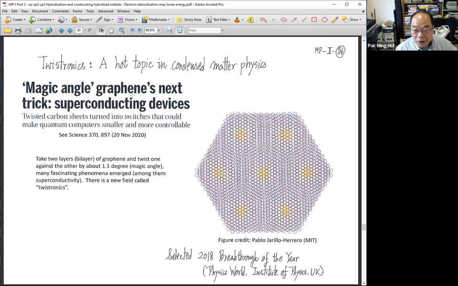It is called bilayer graphene, or there is a magic angle. The magic angle is about 1.1 degree. You look at it on the top, if you rotate one layer with respect to the next by 1 degree or so, this is the top view of the pattern.